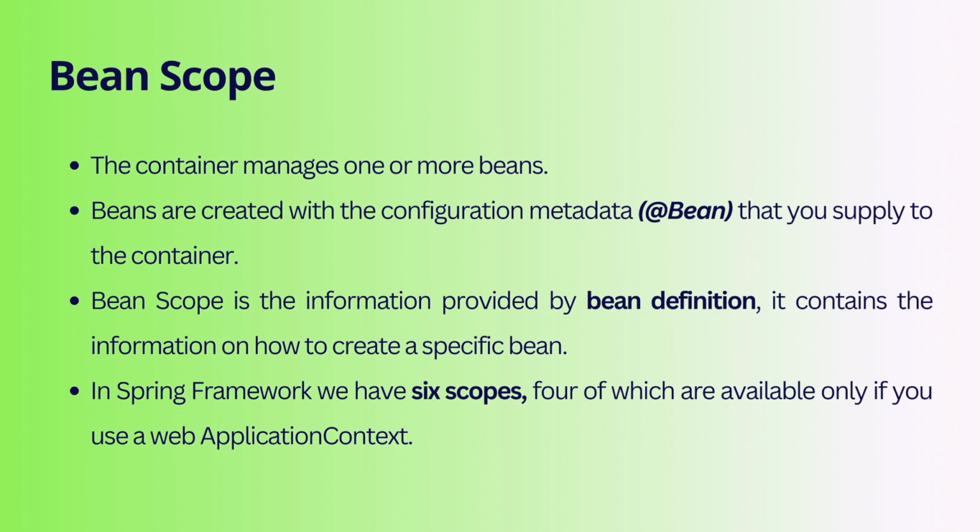So there are 6 scopes in the Spring framework. 4 of those scopes are used for web applications, for example request, session, global session. These are some of the bean scopes. So to summarize, bean scope is one of the properties defined under @bean annotation.